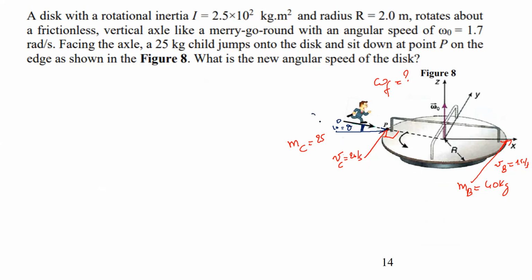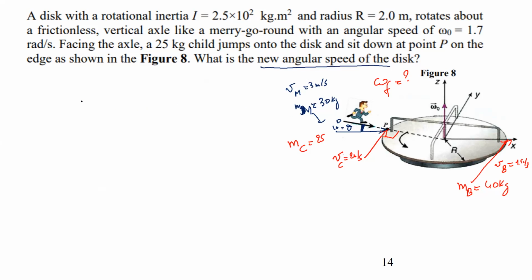The mass of Muhammad is, let's say, 30 kilograms, and the V of Muhammad is, let's say, 3 meters per second. All of them are sitting at the edge. Can you solve that problem? All of them are jumping at the same time. So what is the new angular speed just after all of them jump and sit at the edges?